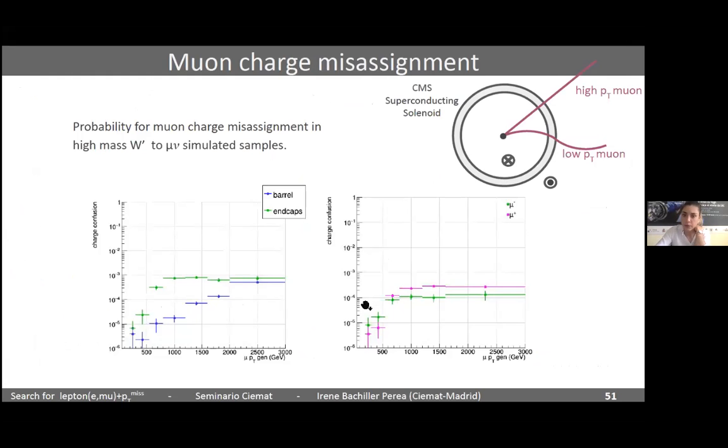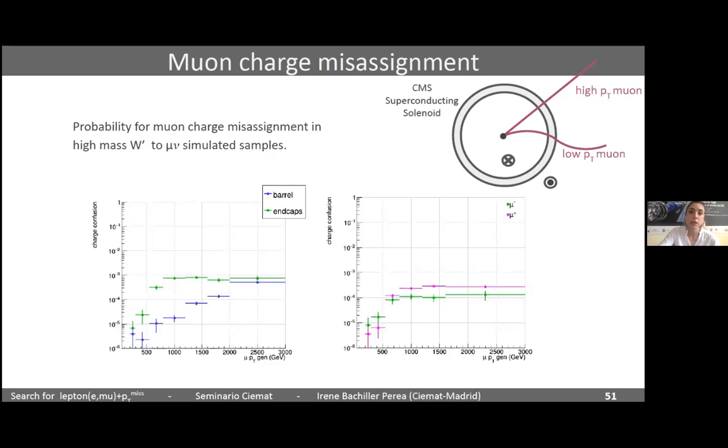Okay, so on the y-axis we are showing the charge confusion as a function of the PT. On the left it is divided for endcaps and barrel, and on the right is different charge, which is more or less the same. And indeed, we have much better charge resolution even at low PT, and it worsens a bit, but it only goes to 1/1000 being mistaken.